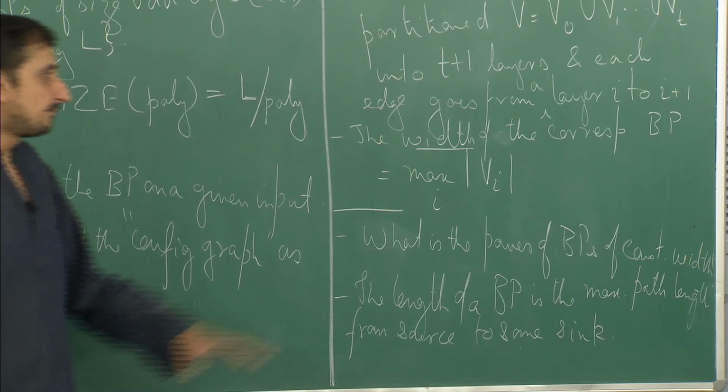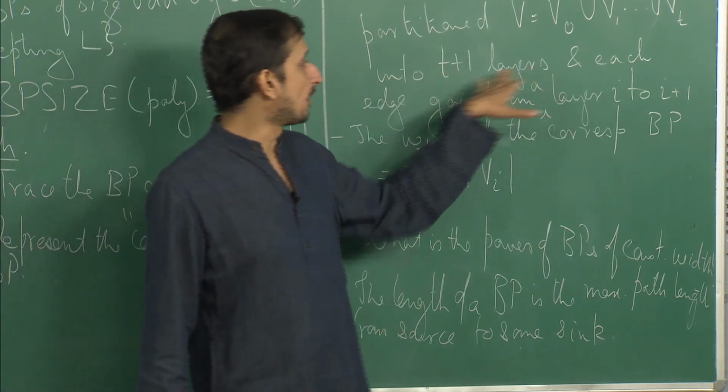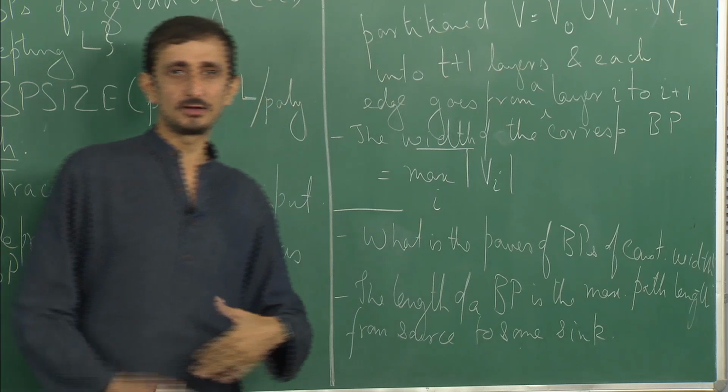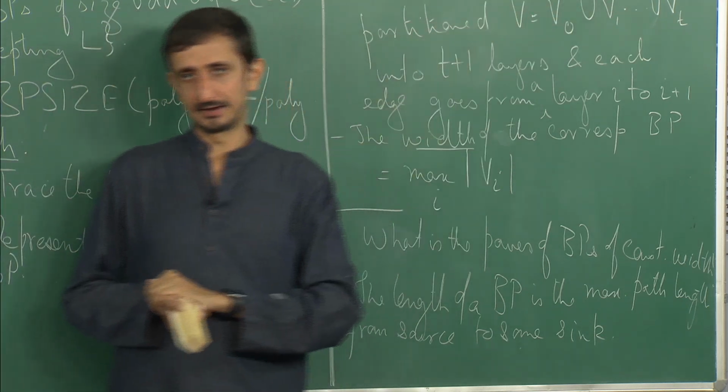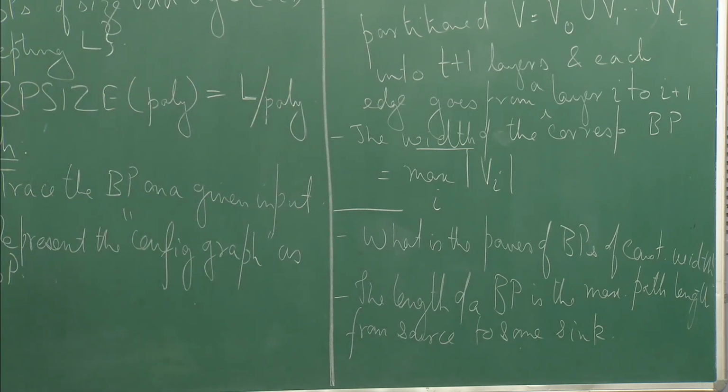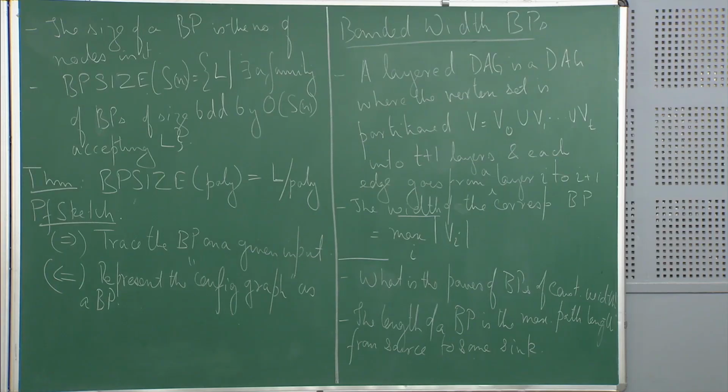In other words, it is actually bounded by T, because you cannot have a path of length more than T if you have a layered branching program. It can be less than T, but certainly not more.